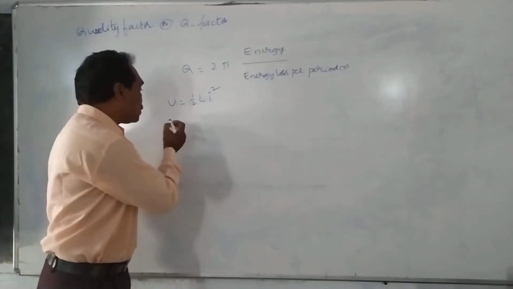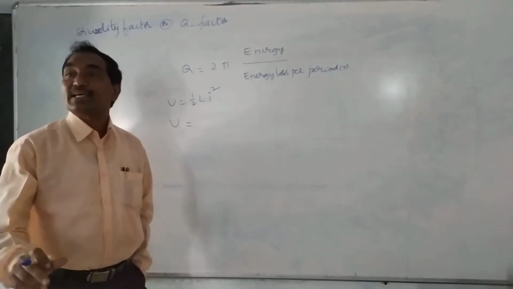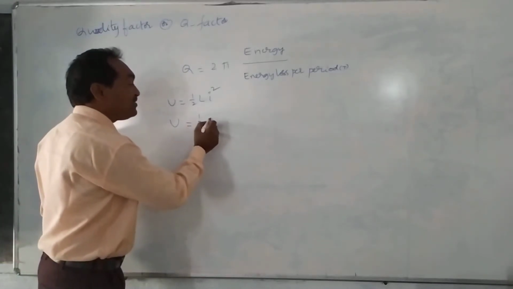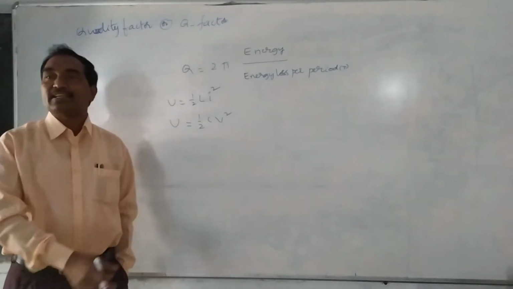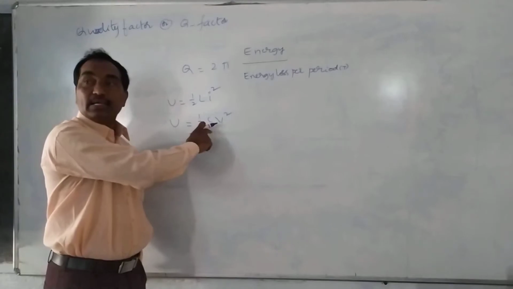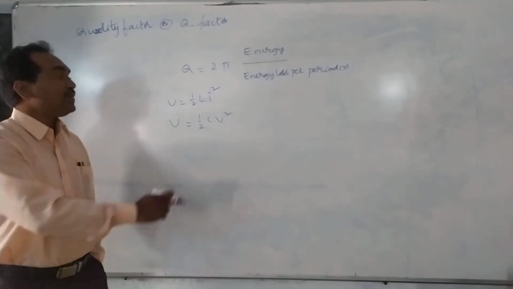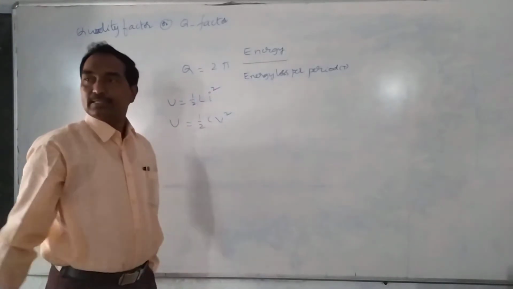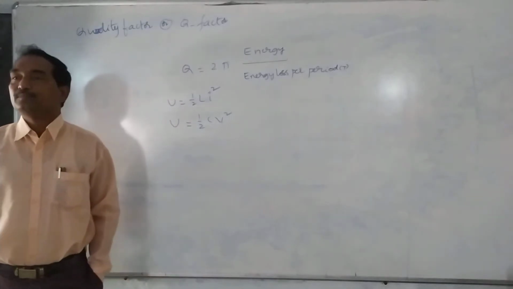The energy stored in the electric field between the capacitor plates is half C V square, where C is the capacity of the capacitor and V is the potential difference between the two capacitor plates. L is the self-inductance and I is the current passing through the inductance.